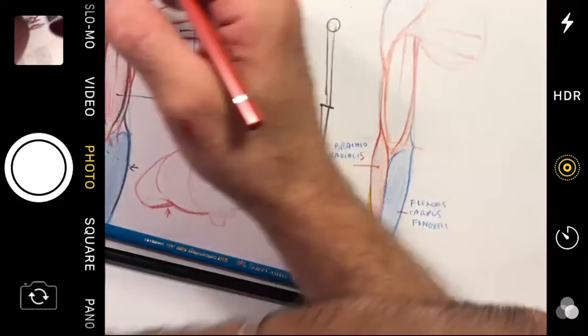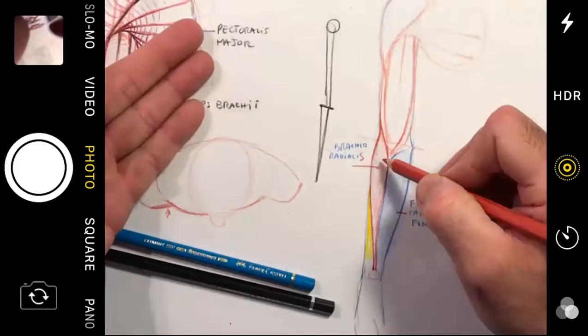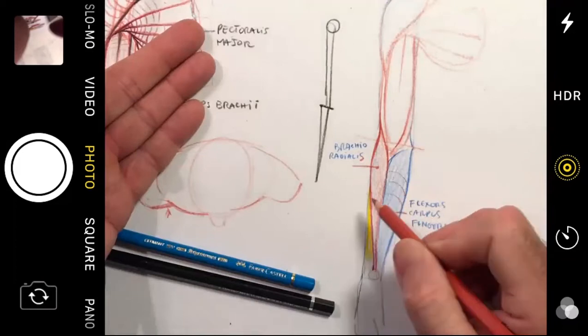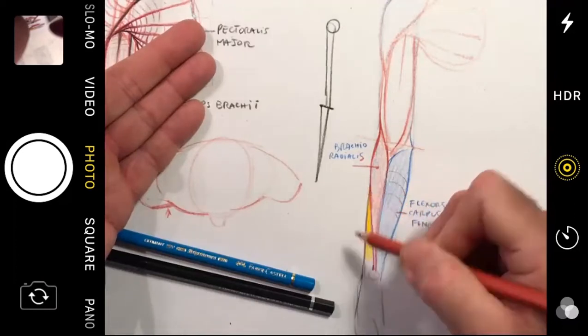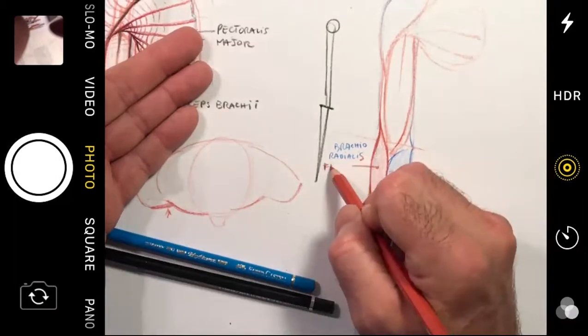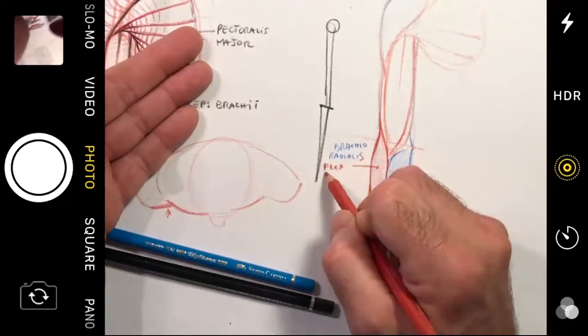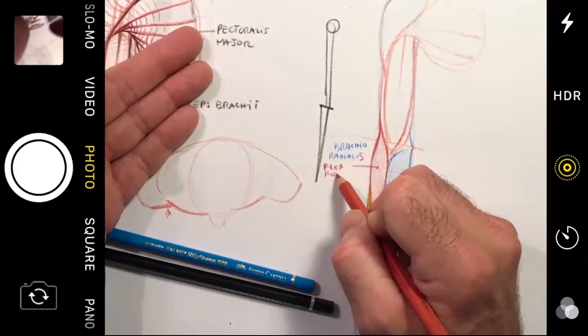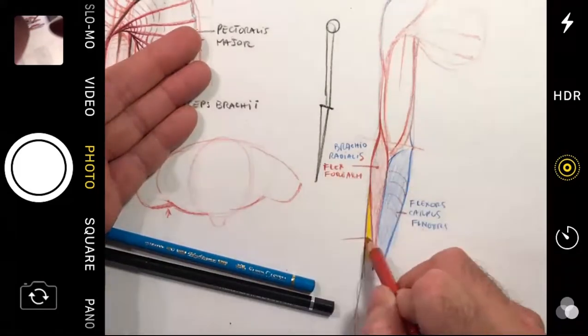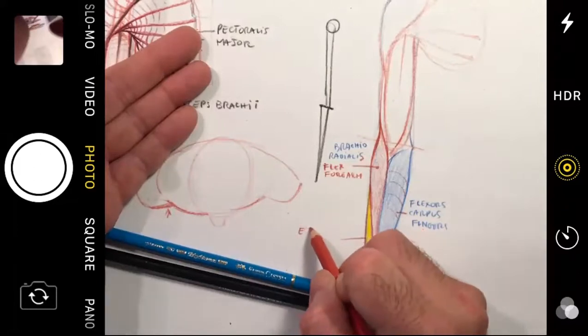On this side here, I have the brachioradialis dividing the flexor from the extensors. So the brachioradialis is a flexor of the forearm. This one here is the extensors of the fingers and hand.